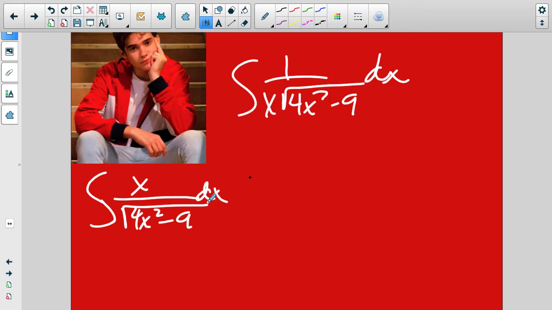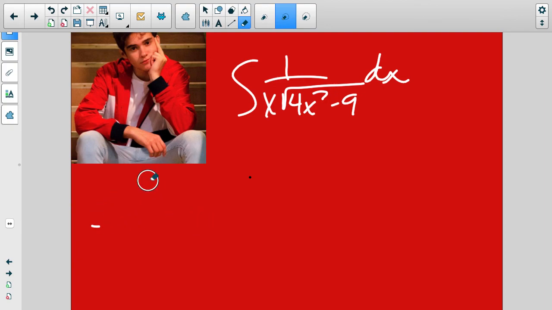I'll put that u be 4x squared minus 9. Du would be 8x dx. I could compensate for the x dx. So they're very similar. This one's sub, that one won't work with sub. So now hopefully you'll notice you maybe have some sort of arc secant going on because of this u business here, okay?